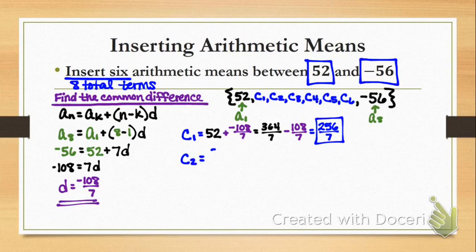To find the third term, we do 256 over 7 minus 108 over 7. So what is the next term? Should be 148 over 7.